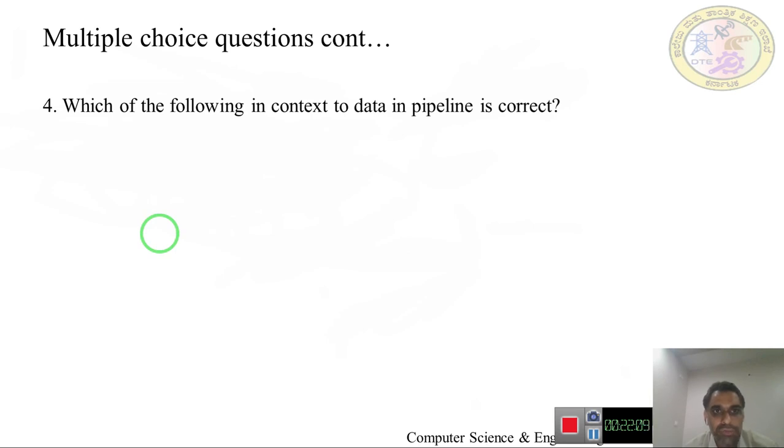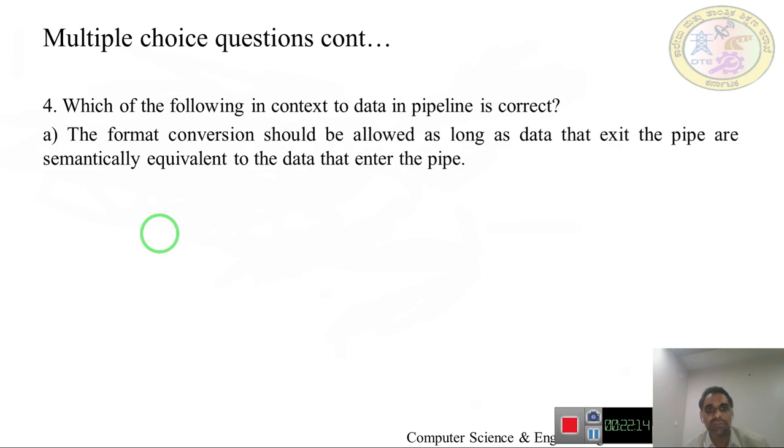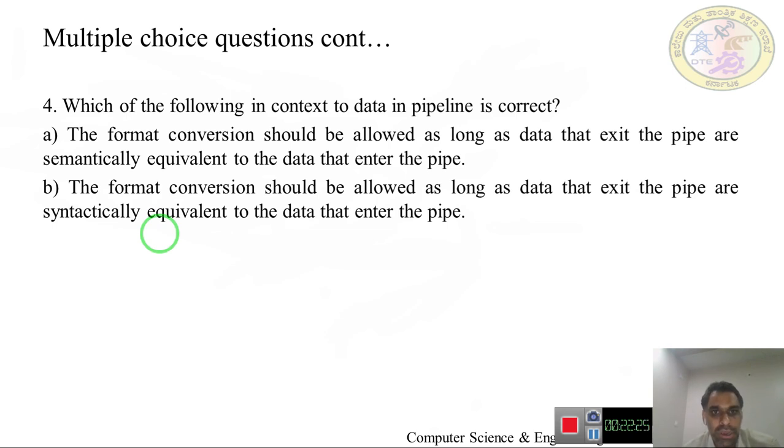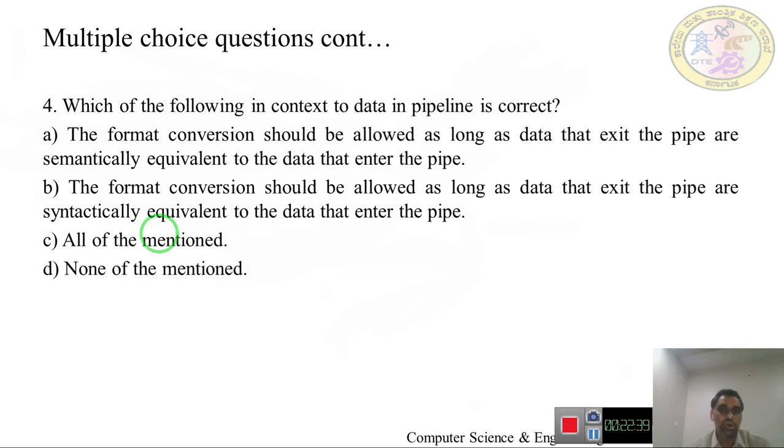Next question would be, which of the following in context to data in pipeline is correct? The format conversion should be allowed as long as data that exit the pipe are semantically equivalent to the data that enter the pipe, or is it the format conversion that should be allowed as long as data that exit the pipe are syntactically equivalent to the data that enter the pipe, or all of the mentioned or none of the mentioned? Out of these two options, should it be semantically equivalent or syntactically equivalent?